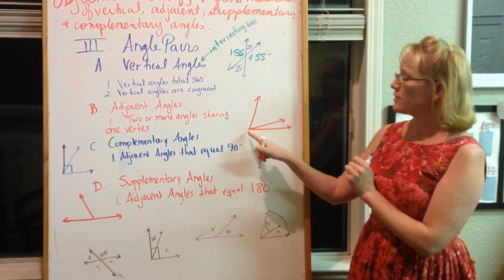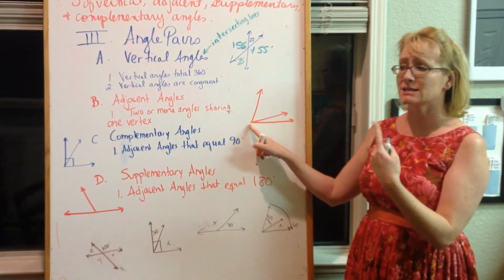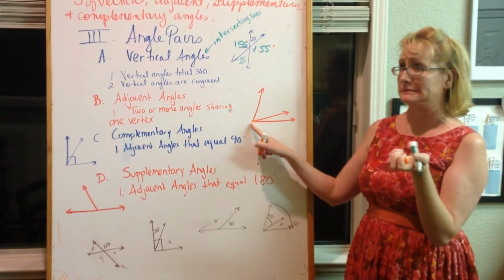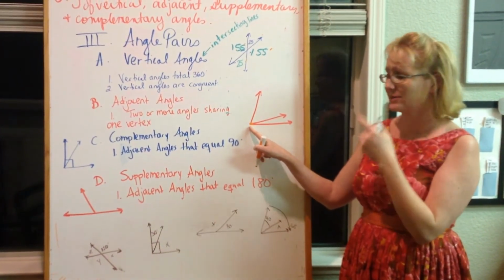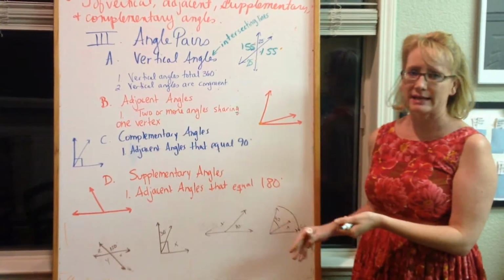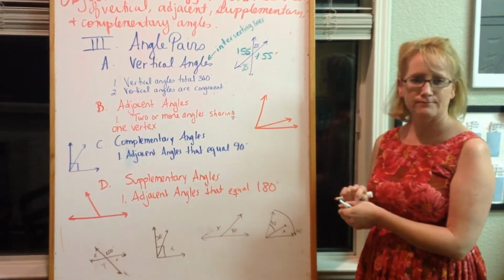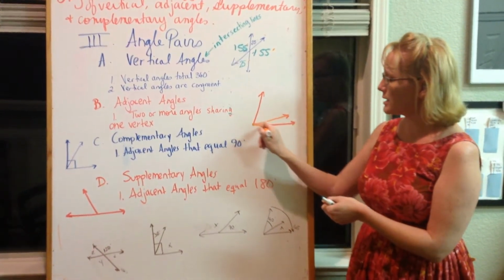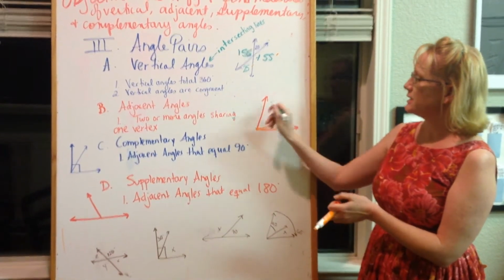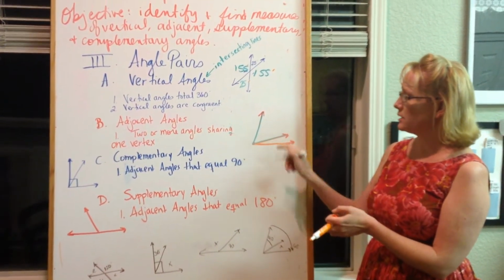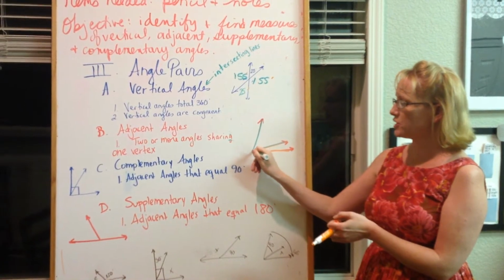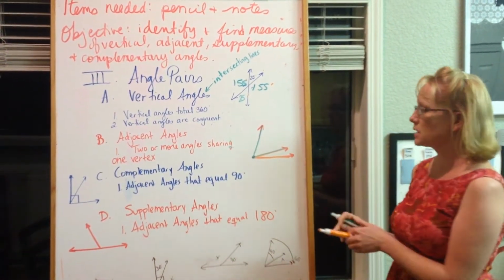They're like Siamese angles, sharing the vertex. Here's one angle right here, and here's a second angle right here. They're sharing a ray, and they're sharing a vertex.